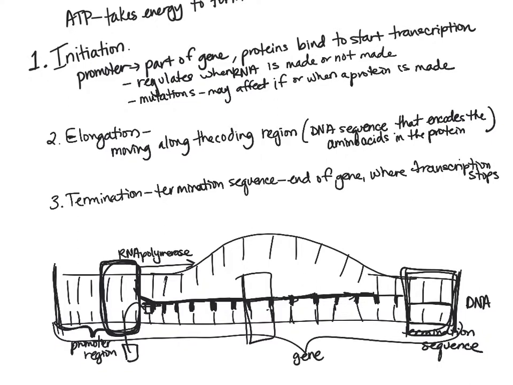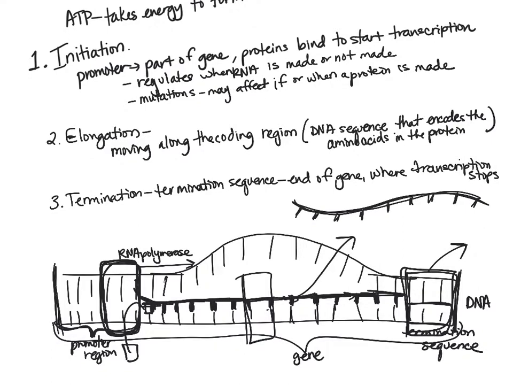Once it gets to the termination sequence, our RNA polymerase is going to fall off. Once it does, our completed mRNA strand is now out here. And then our DNA can close back up.